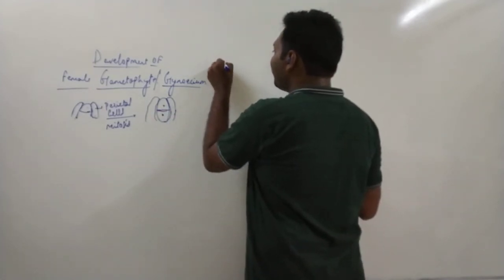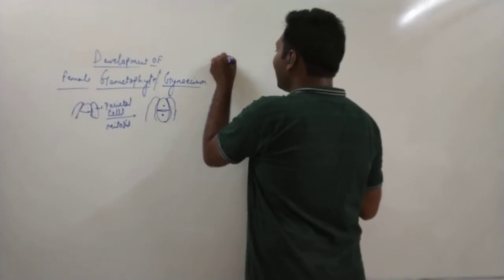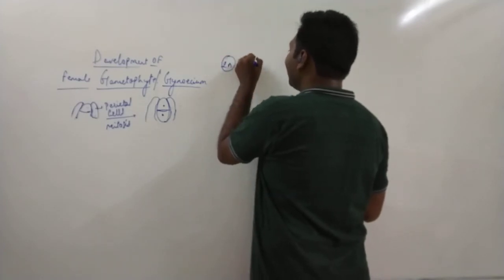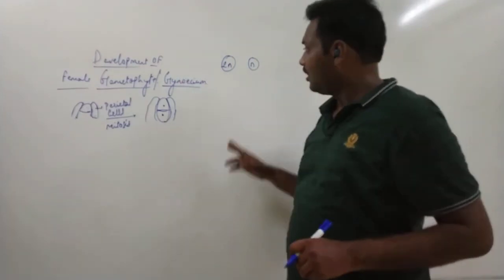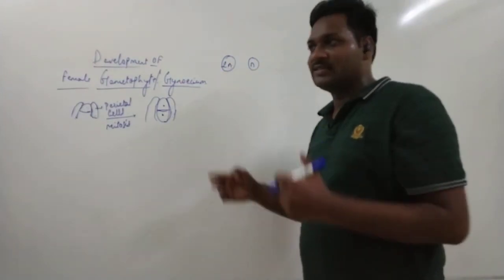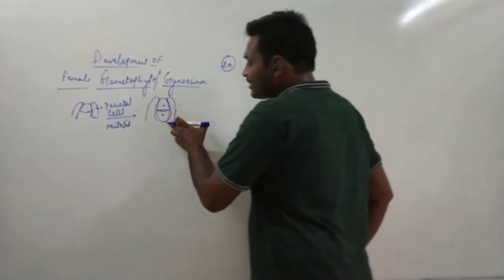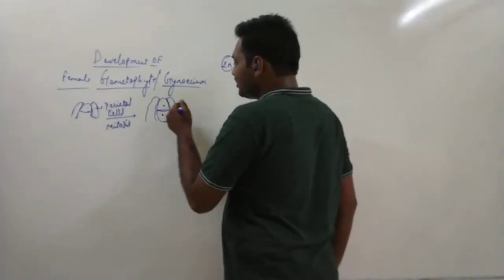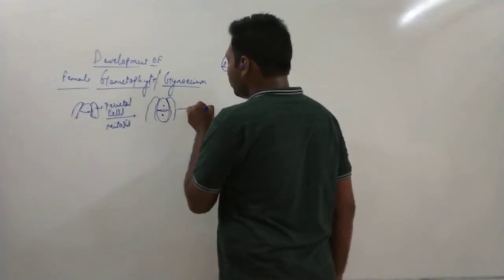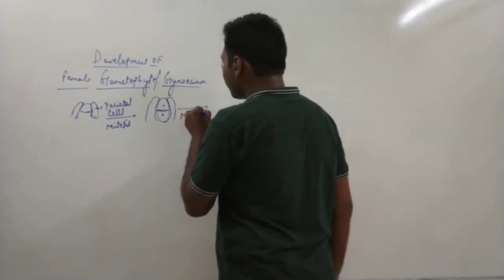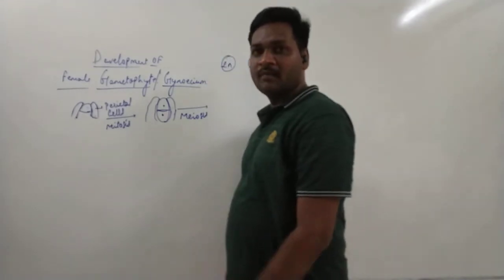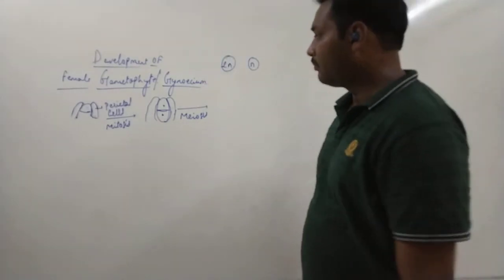Diploid is abbreviated as 2n and haploid is abbreviated as n. If we are talking about n number of chromosomes, it is a haploid set. If we are talking about 2n, that is a diploid set. So this stage is the diploid stage. Now this stage will undergo meiosis. What is meiosis? That is called reductional division.